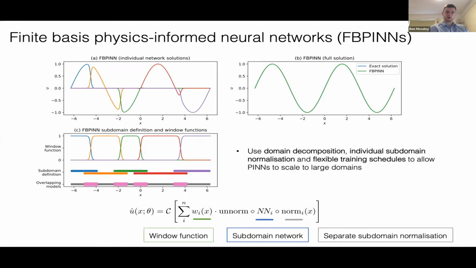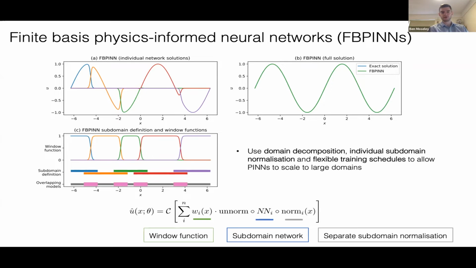So I've got an example of a window function in the plot on the bottom left. And we just use these sigmoid window functions for the paper. And it's a smoothly varying differentiable window, such that when we sum all of these subdomain networks together, the solution itself is still continuous and still continuously differentiable across the entire domain.